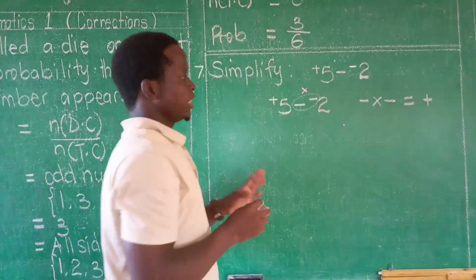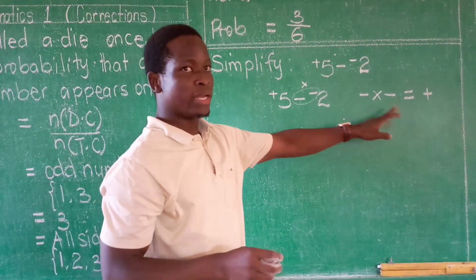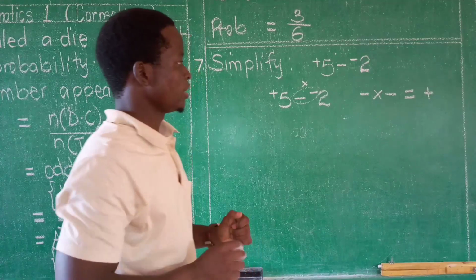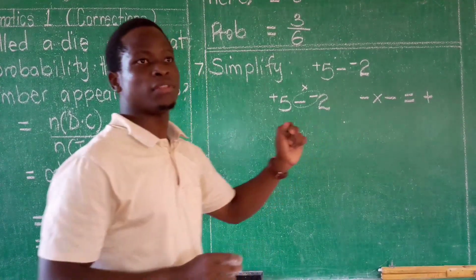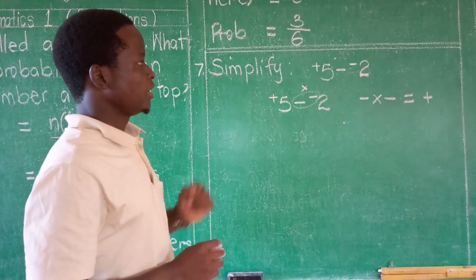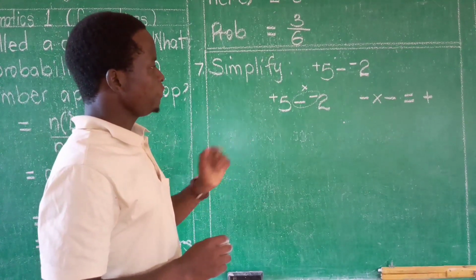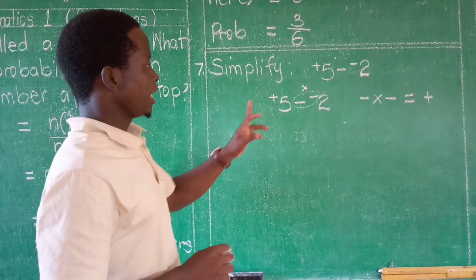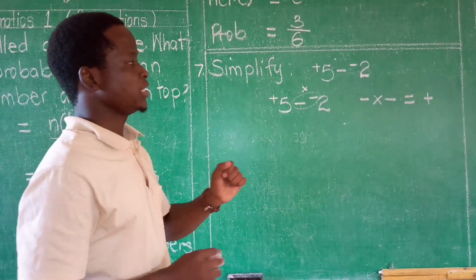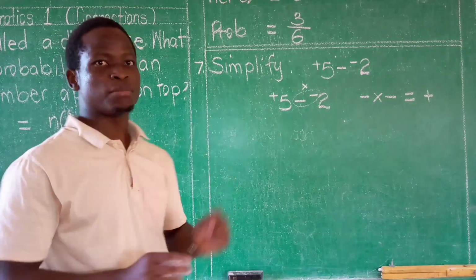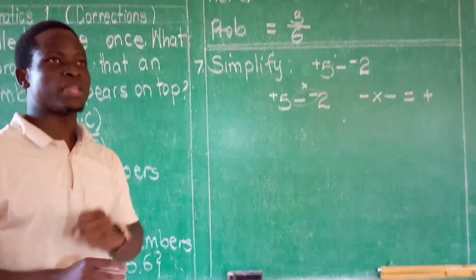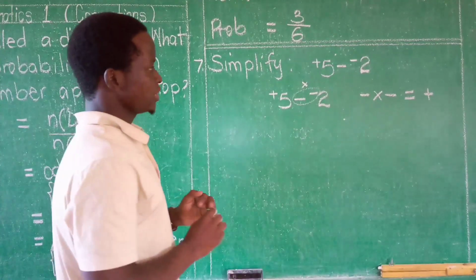When 2 similar signs are multiplied, the result will be positive. Even the positive ones: positive times positive, the answer will be positive. But different signs multiplied, like positive times negative, the result will be negative. And vice versa, negative times positive, the result will be negative. Okay, let's go ahead.